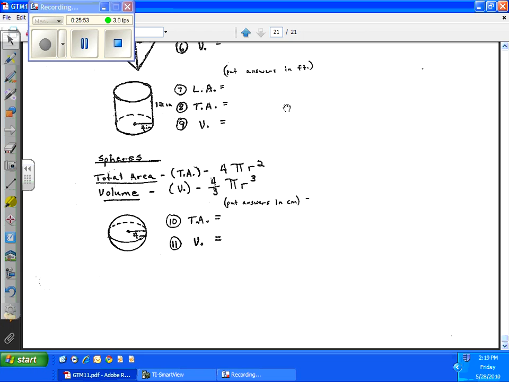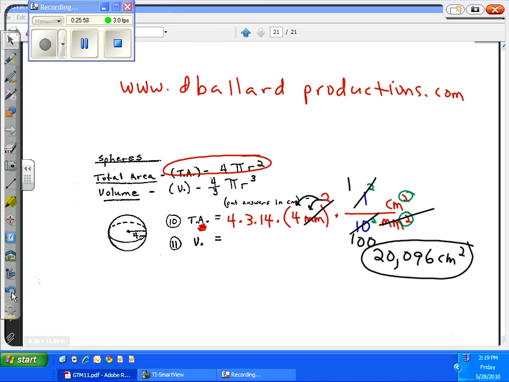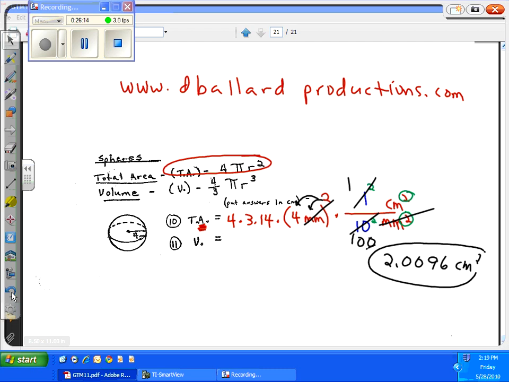How's that? We're going to back that up. So we have 2.0096 square centimeters for the total area. Okay?